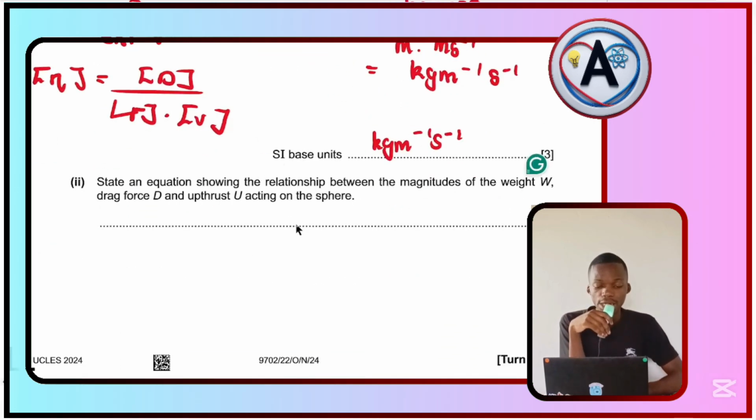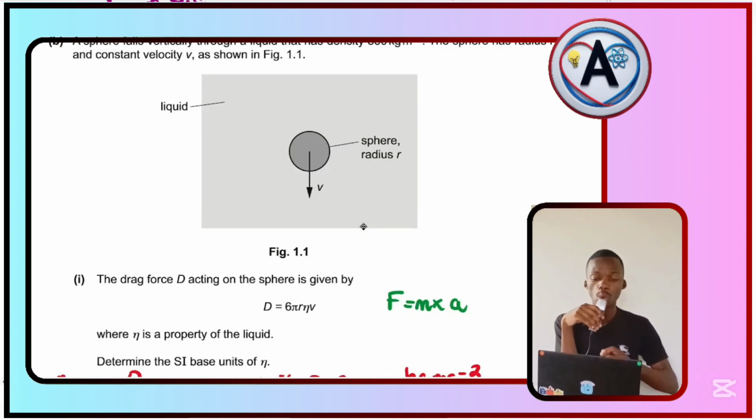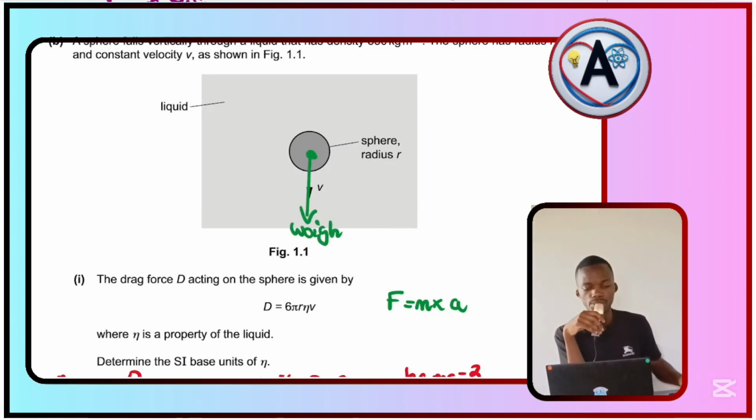Okay. State an equation to show the relationship between the magnitudes of the weight W, the drag force D, and the upthrust acting on the sphere. So I'm going to go here. I know that my weight acts down, right? So that's a given. So down, I'm going to say my weight.